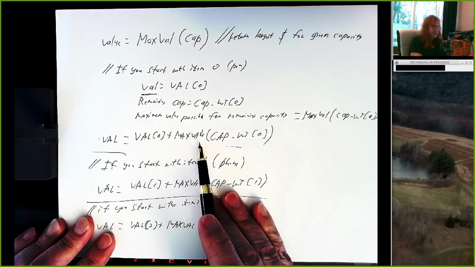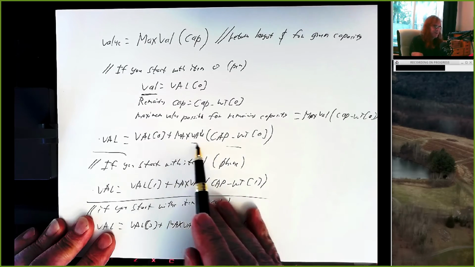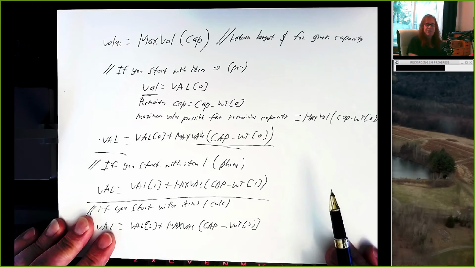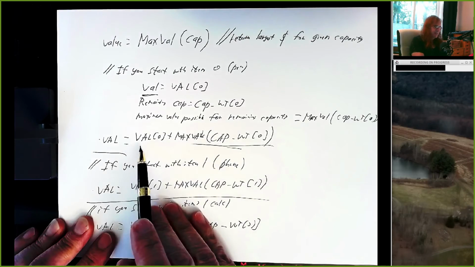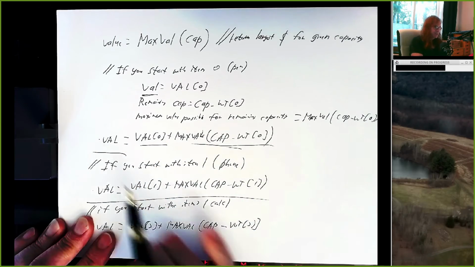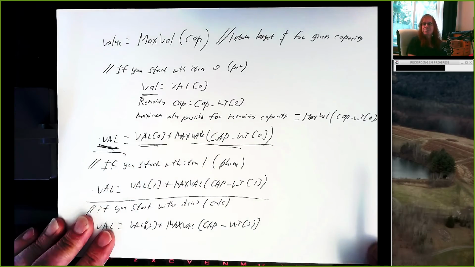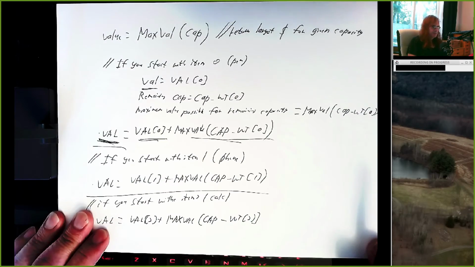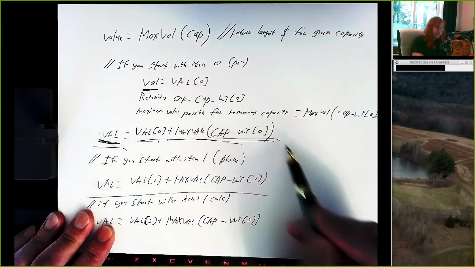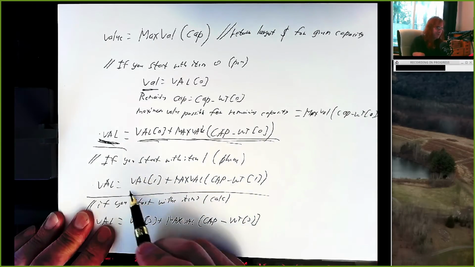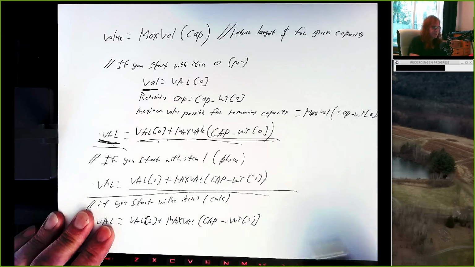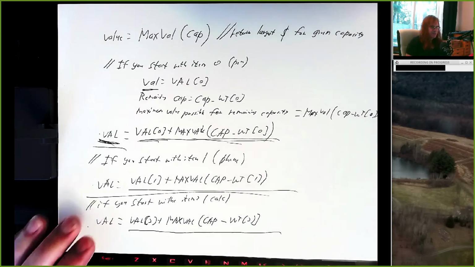And we can use our maxval function to find the most value we can get from that diminished bag. And if we add that to the value of the item we just put in, that's the best value we can possibly get if we start with that item. So if we start with a pen, this is our maximum value. If we start with a phone, this is our maximum value. If we start with a calculator, this is our maximum value.